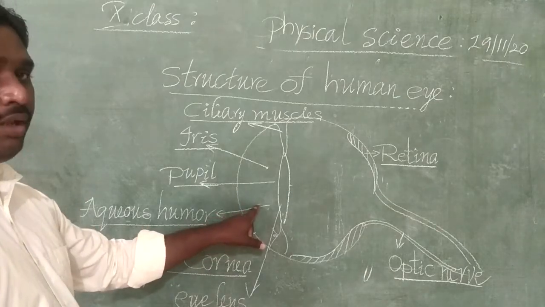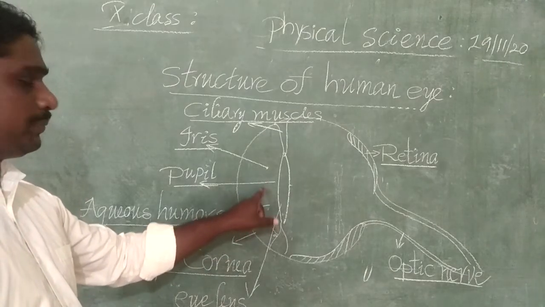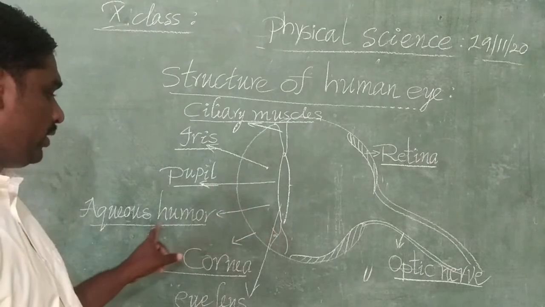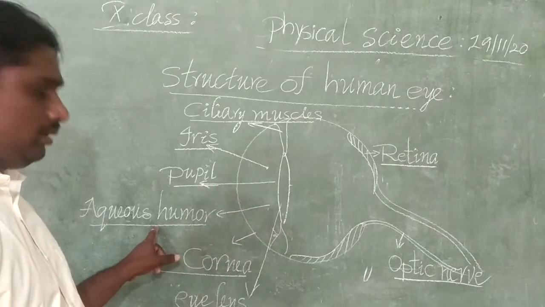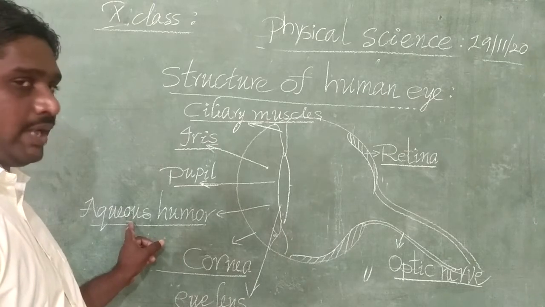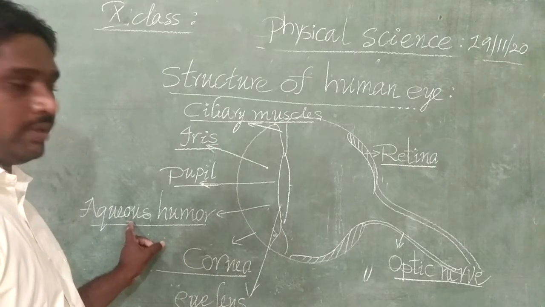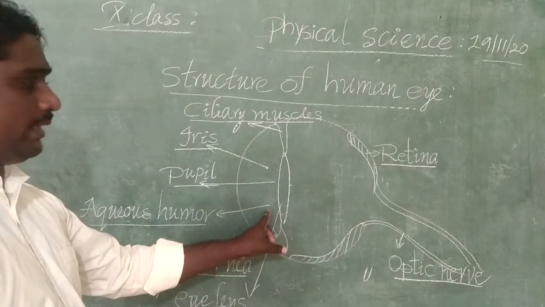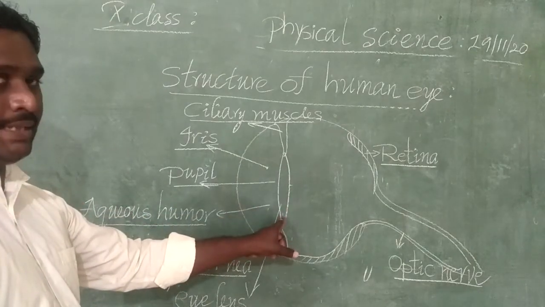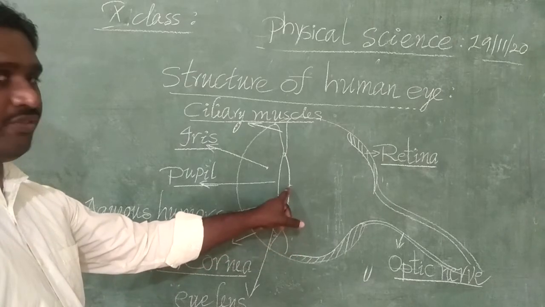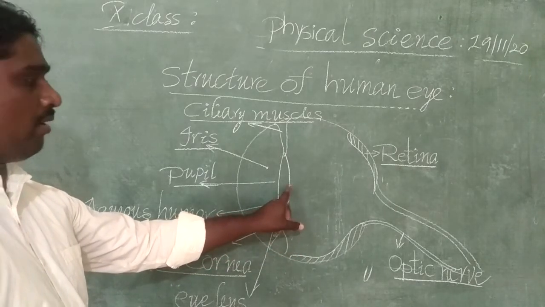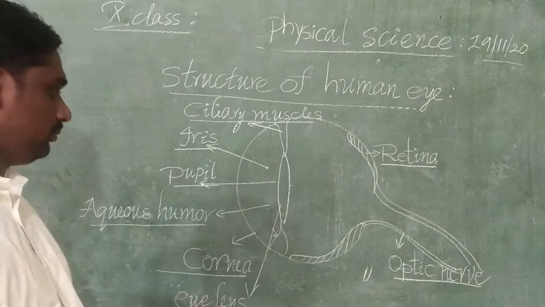Behind the cornea, there is a space occupied with liquid. This liquid is called aqueous humor. Behind the aqueous humor is the eye lens, which forms an image of an object on the retina.